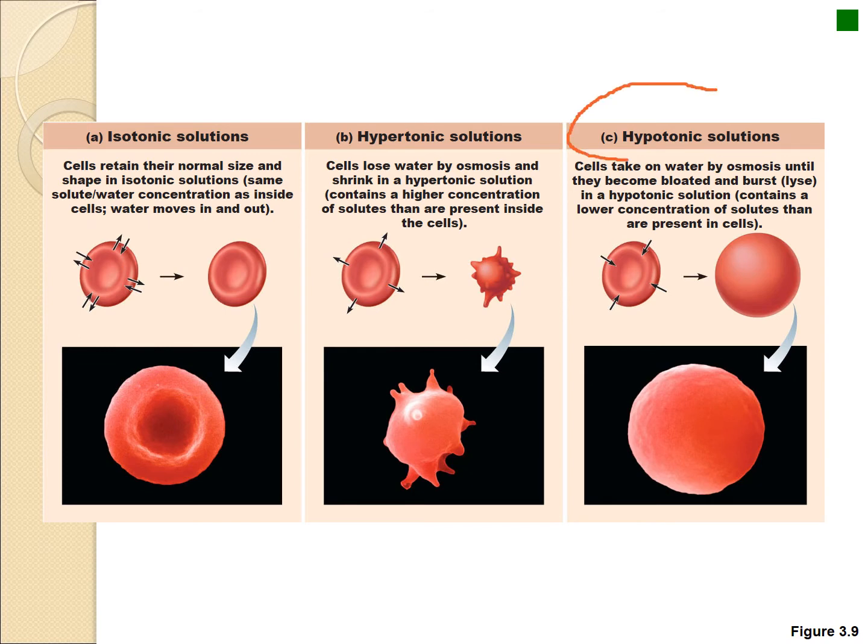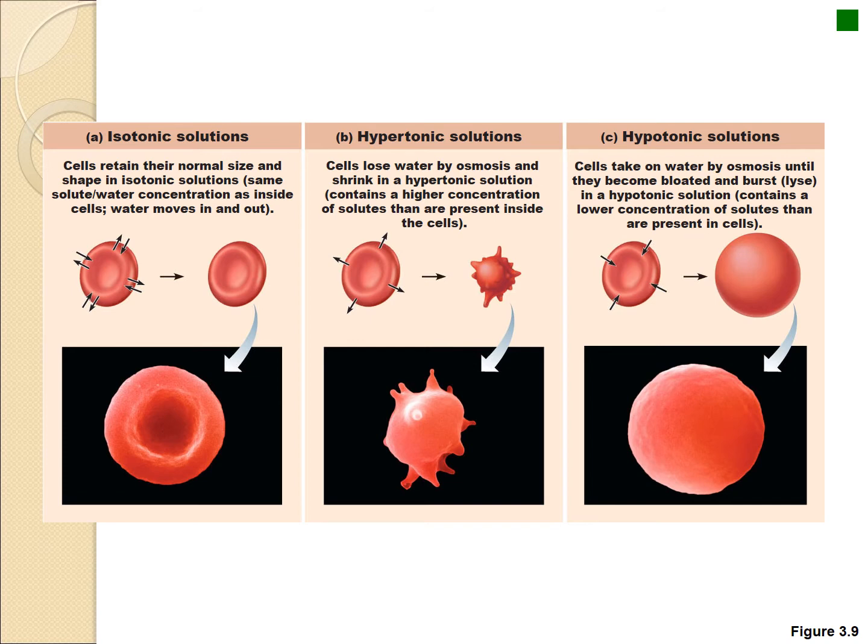Now, in a hypotonic situation, the way to remember hypo is saying, oh, the cell is getting to be like an O. I don't use that, but I just memorize it. In a hypotonic situation, the cell is saltier than the environment.